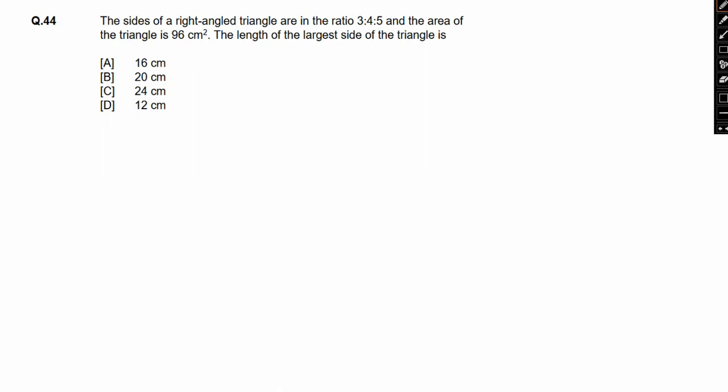The sides of a right angle triangle are in the ratio 3 is to 4 is to 5, and the area of the triangle is 96 centimeters square. Find the length of the largest side of the triangle. So we have a right angle triangle.